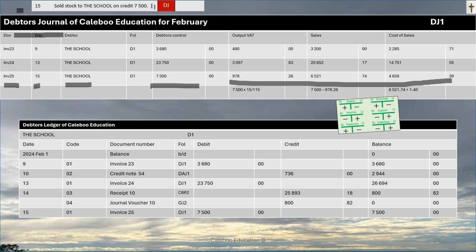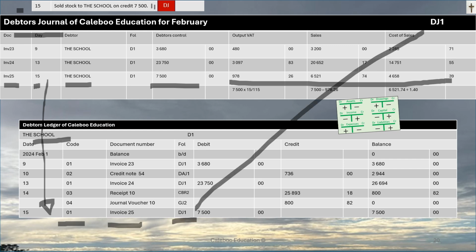Now what we need to do on the day the transaction took place is take that information to the school's account. 01 is for credit sales. The document is an invoice. Where did the information come from? The debtor's journal. Why was the school's account debited? Because there was an increase in the value of the account.